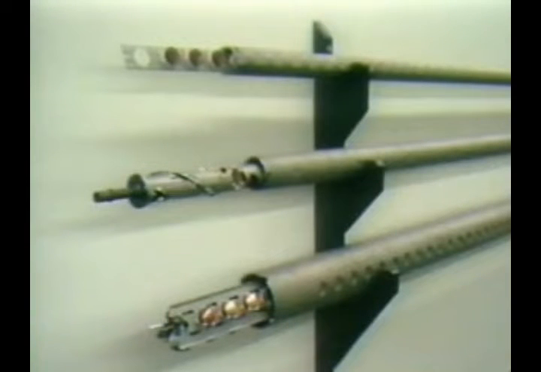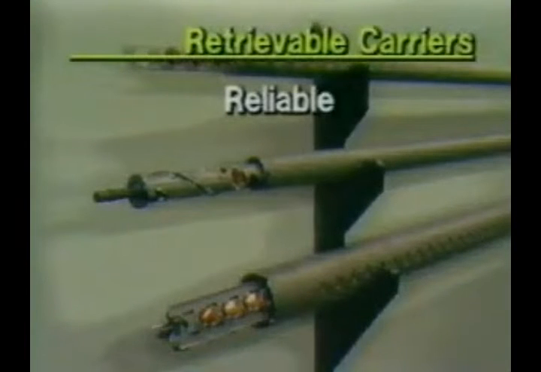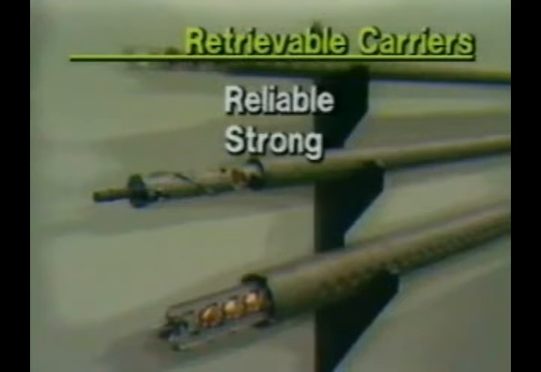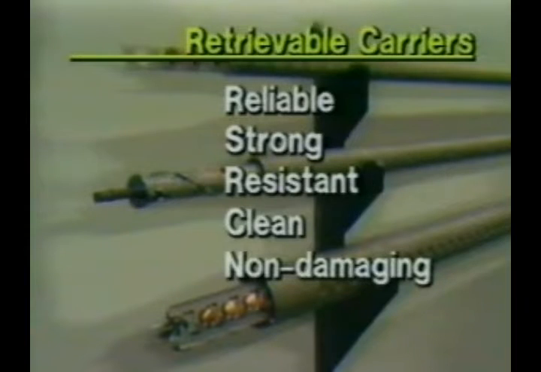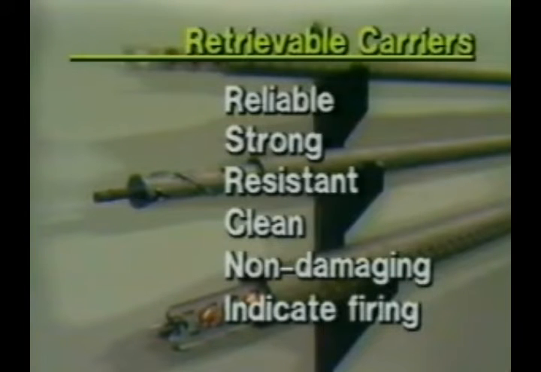The advantages of retrievable hollow carrier guns include high reliability because all components are protected within the carrier, heavier and stronger construction than expendables, permitting rougher treatment and faster running speeds, generally higher temperature and pressure resistance, very little debris left in the well, retention of the explosive force within the carrier, eliminating casing deformation, and a positive indication of firing, provided by the condition of the port plug.